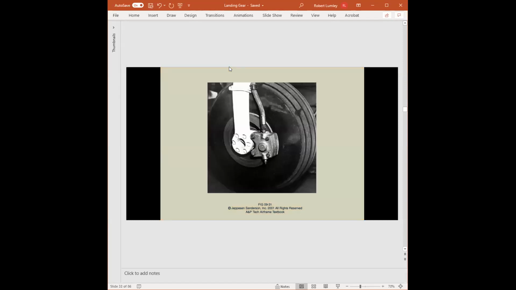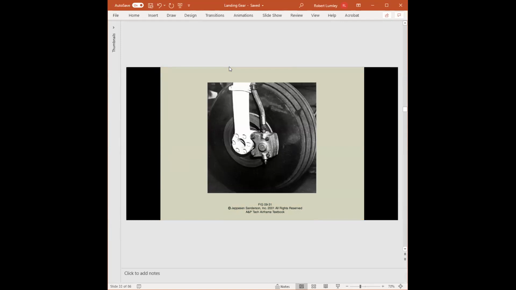Right here, we have a single disc once again. And this is the kind that we were working on yesterday when we removed and replaced the tire, in that the disc is bolted to the rim and cannot move in and out, but rotates. And so we refer to that as a fixed disc.